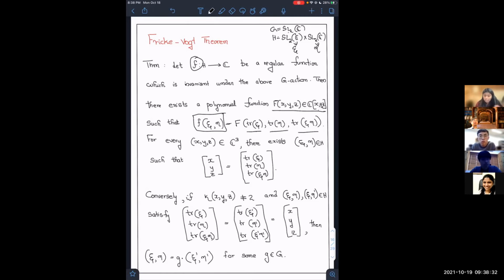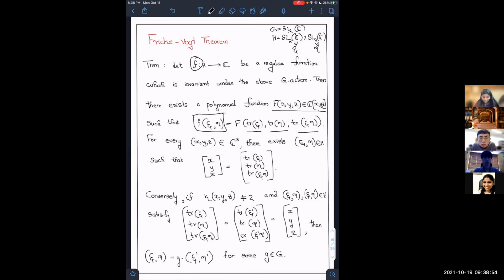And also, conversely, if we take any point x, y, c in C3, there exists a pair of tuples in SL2C cross SL2C, such that x, y, c actually has this form: trace of epsilon, trace of eta, and trace of epsilon eta.